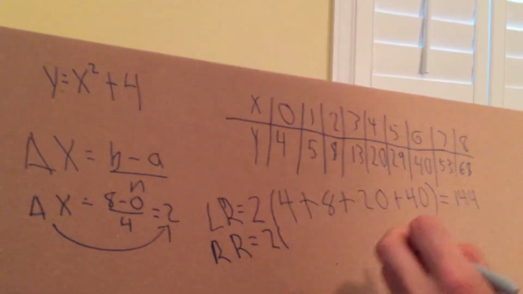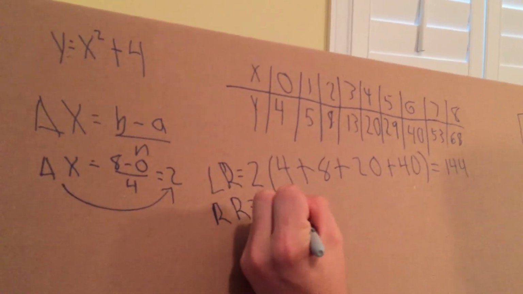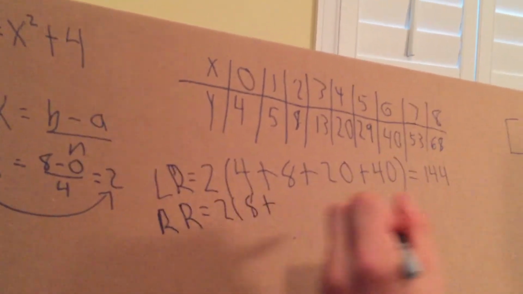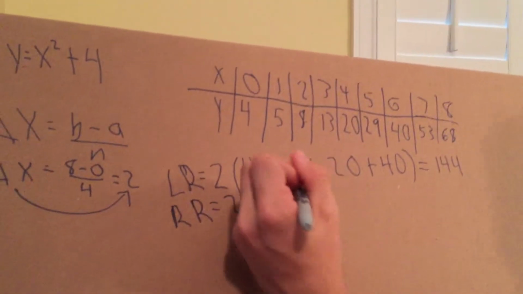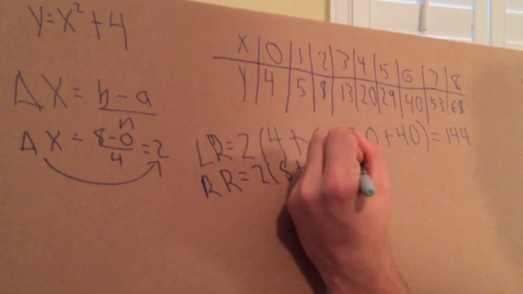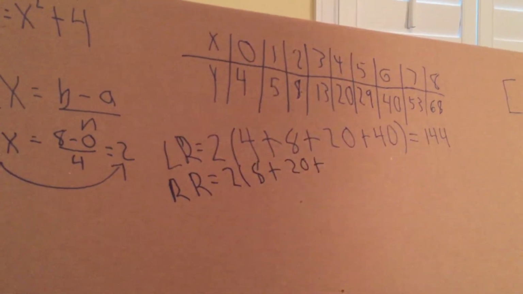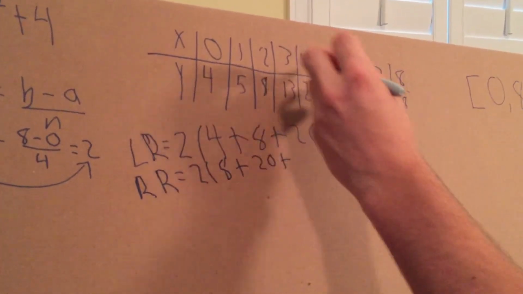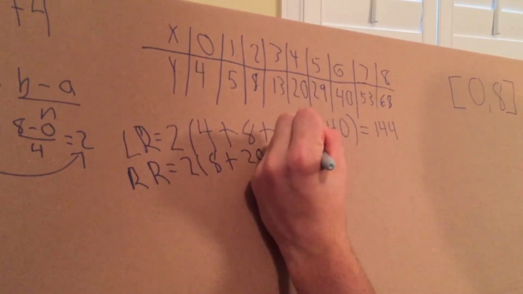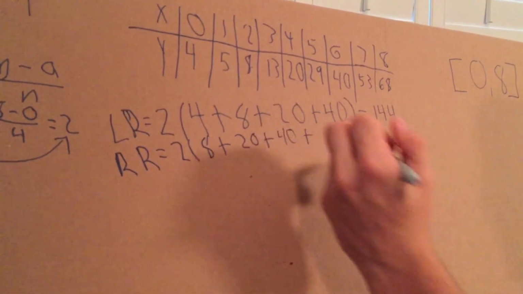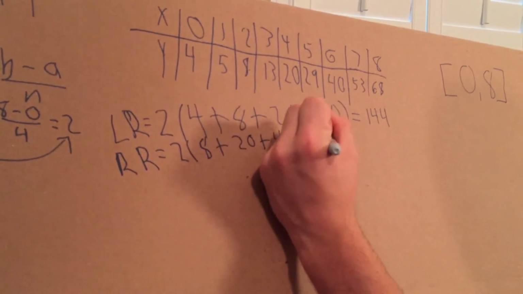So for the first interval, it will be 8, plus the second value over the interval 2 to 4 will be 20, plus the next value on the interval, which is 40, plus the last value on the interval, which is 68.